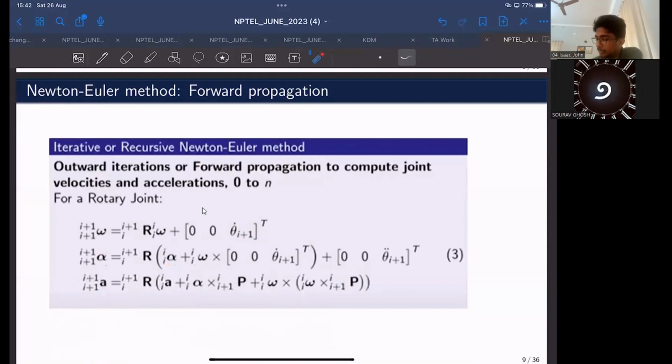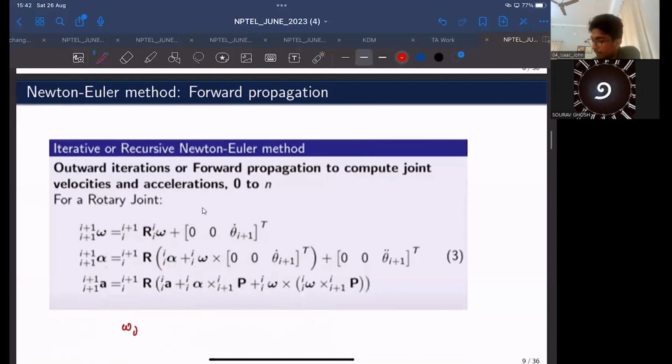And don't mind these rotation matrices. These are very important, but the basic fundamental equation is that omega of the I plus 1th link is omega of the ith link plus whatever that joint is basically doing.